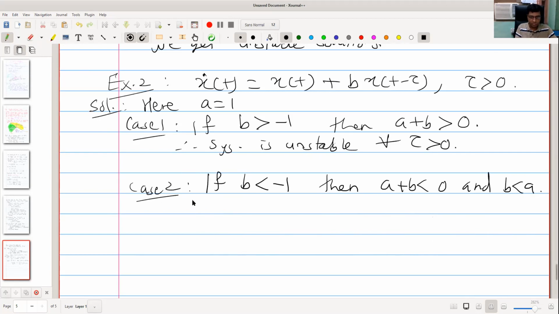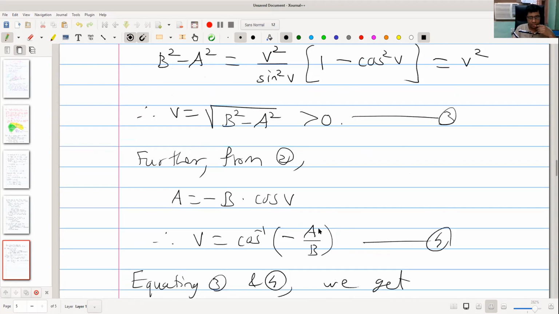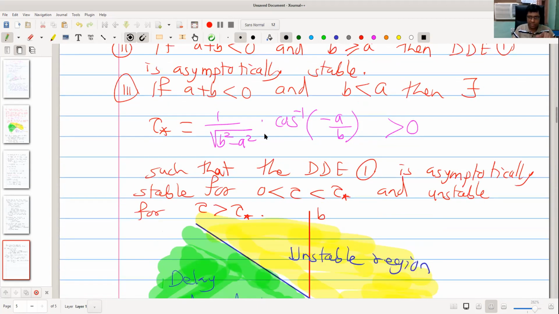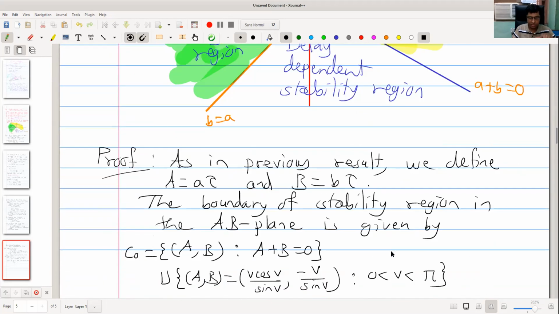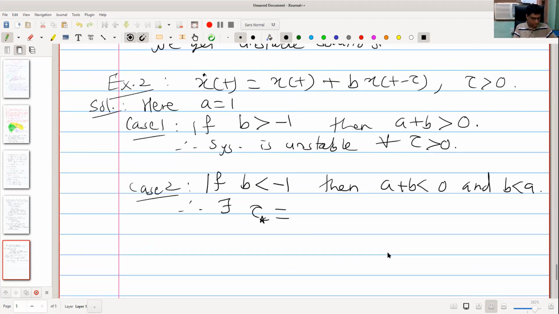Therefore, there exists tau star. What is tau star? The formula is given here. Tau star equal to 1 upon square root of b square minus a square, cos inverse of minus a upon b.